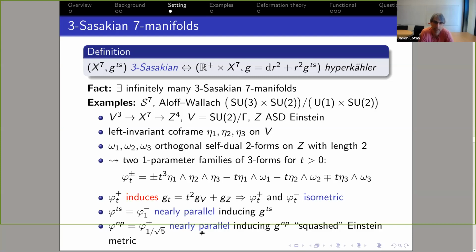And this one is in some sense called strictly nearly parallel, because if you look at the cone on it, then it has holonomy equal to Spin(7). Okay, so there's a lot of information on this slide. The take-home message is that we have these two one-parameter families of G2 structures, depending on a parameter t, which is the size of the fiber. And we have these two distinguished G2 structures, which are nearly parallel, phi_t and phi_NP.